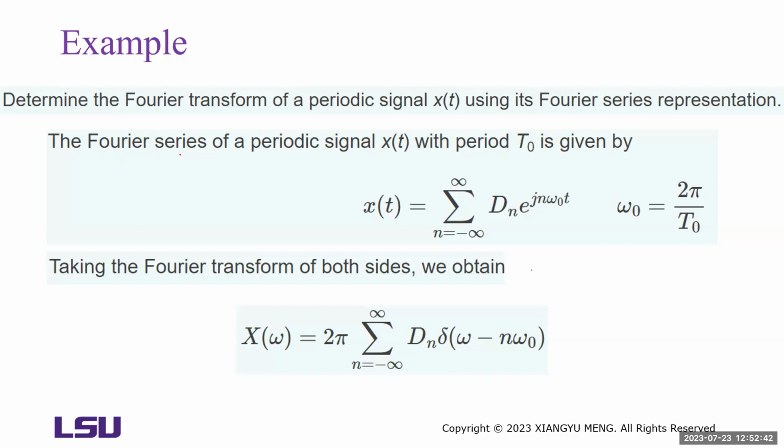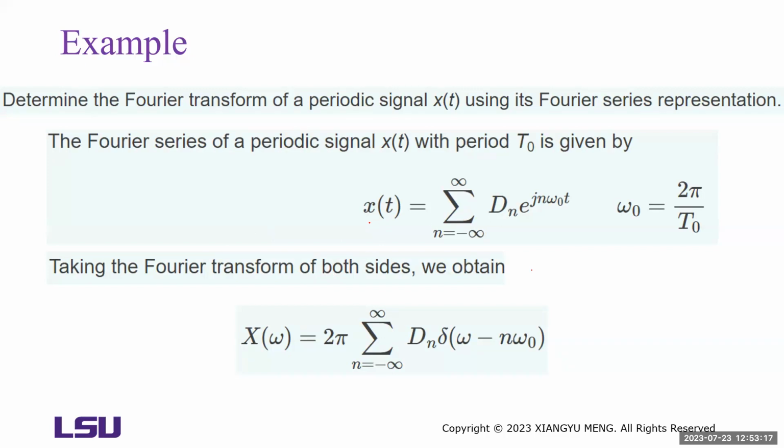Using the exponential Fourier series, x(t) is equal to the sum of n from negative infinity to positive infinity of Dn times exponential j n omega 0 t. Omega 0 is the fundamental frequency, omega 0 is 2 pi over T0, and T0 is the period. Now let's take the Fourier transform on both sides.